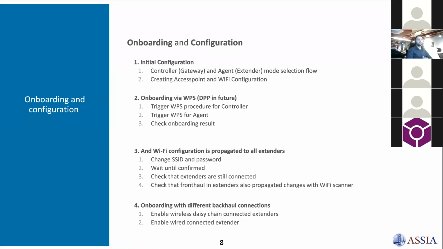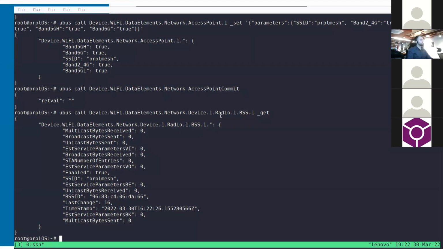Just a question to confirm my understanding. So you use the data elements, network device, radio, SSID, both as a status field and as a configuration field, right? The configuration is handled in the device network access point 1. We don't configure radio or BSS directly.